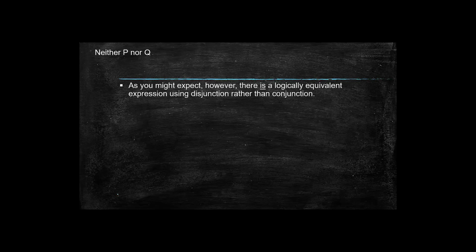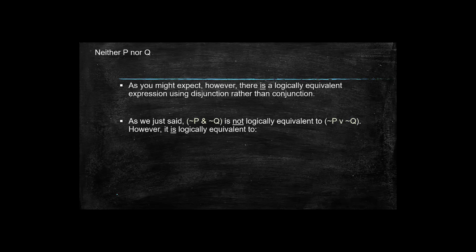Well, as you might expect, there is a logically equivalent expression using disjunction rather than conjunction. As we just said, not P and not Q is not logically equivalent to not P or not Q. However, it is logically equivalent to not P or Q. It is not the case that P or Q. And pay particular attention to how I've said this.